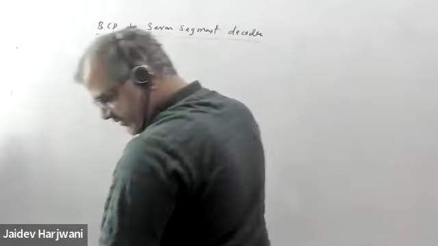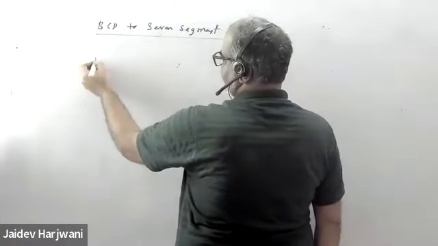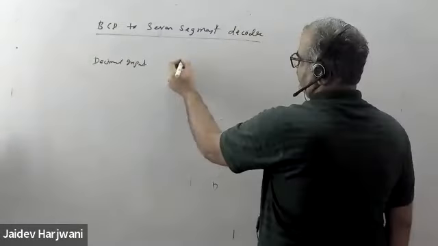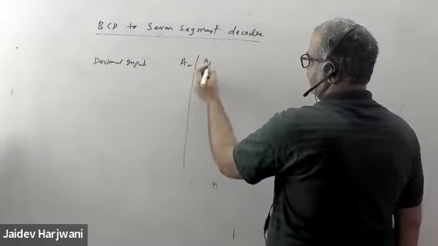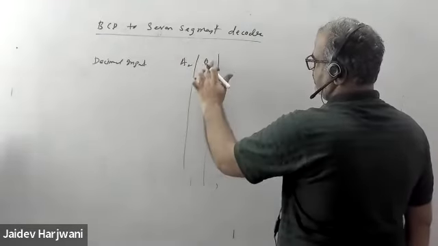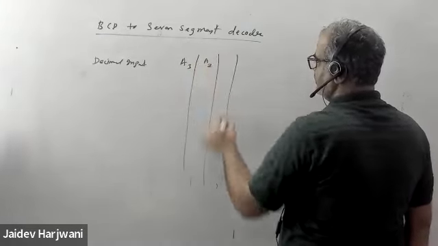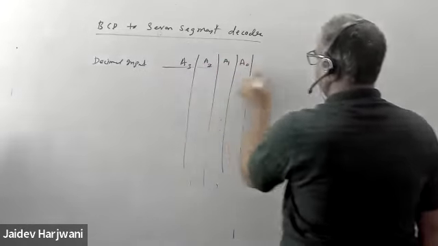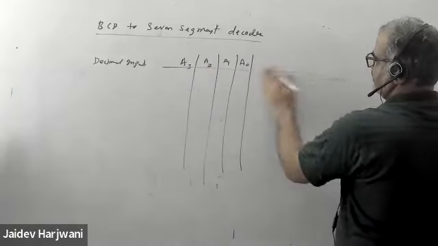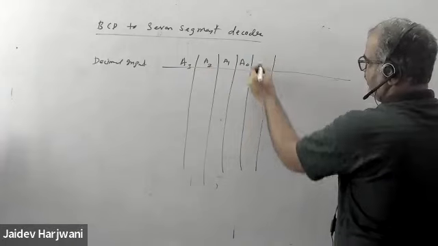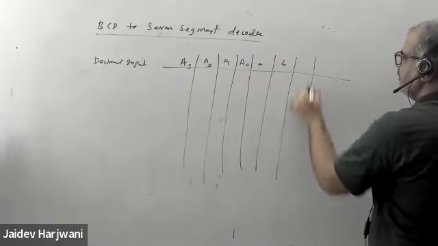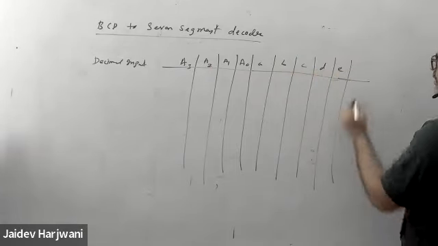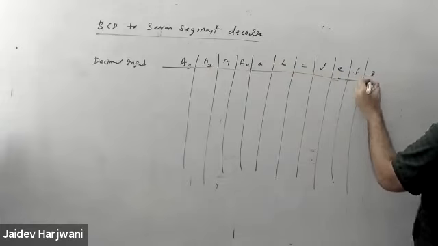So say I have decimal inputs A3, A2, A1, and A0, and here I have 7 segments, A, B, C, D, E, F up to G.